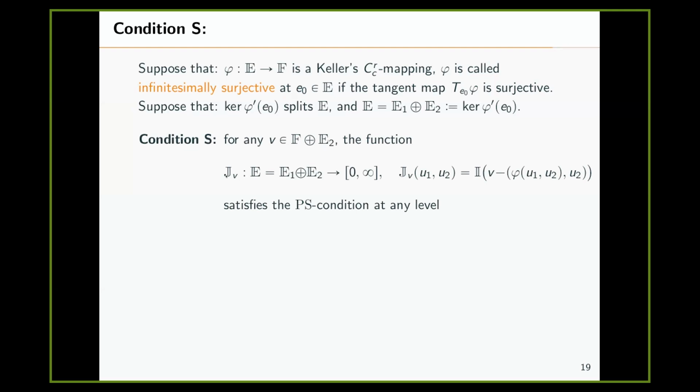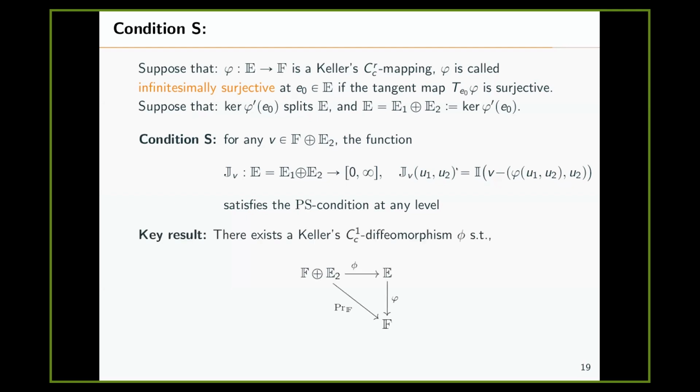And the function g of v is defined over the space E times the non-zero reals, which is the I evaluated at the difference between this element of the extended space and this ordered pair. And we assume that it satisfies the PS condition at every level.